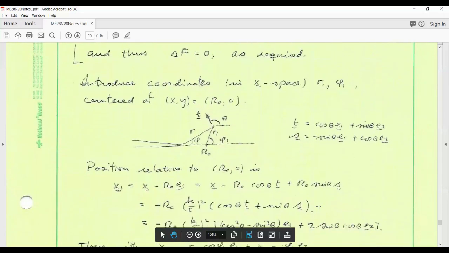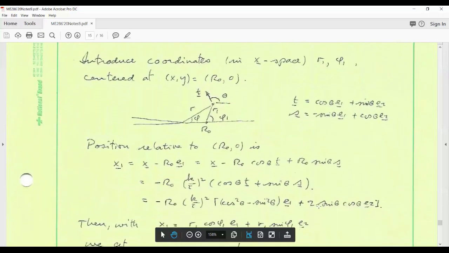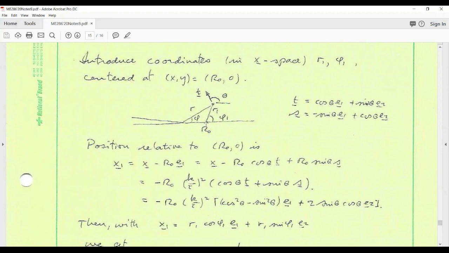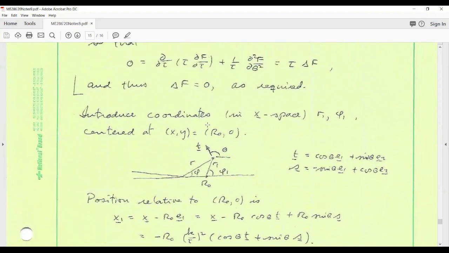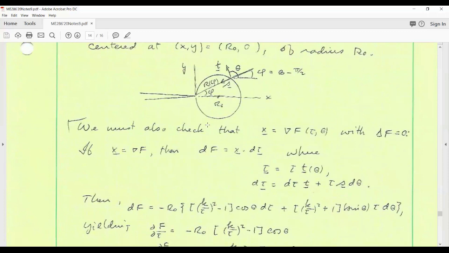To interpret it, let's post-process this solution a little bit. Let's introduce polar coordinates centered at this point R0, which is the center of the circular disk that describes the plastic zone, right? So instead of using polar coordinates centered at the crack tip, let's use polar coordinates centered at this point, R0.